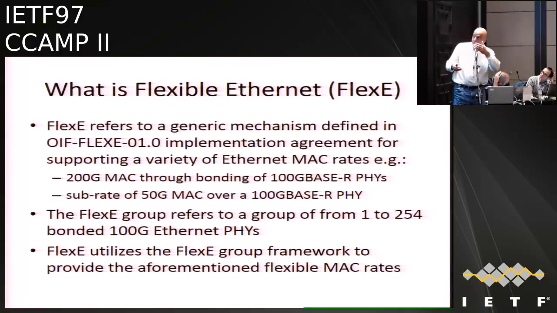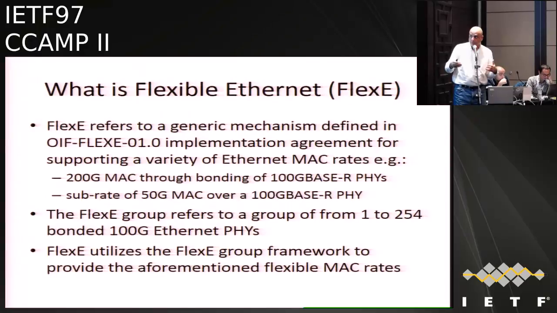The Flexi framework defines a mechanism to provide a MAC rate above 100 gig, for example 200 gig, or you can also support rates lower than 100 gig. The bonding of the PHYs is called the Flexi group.